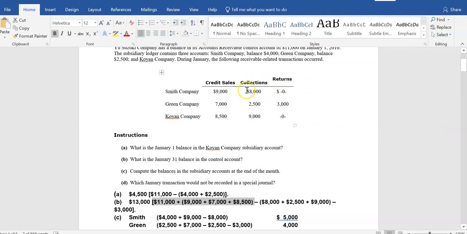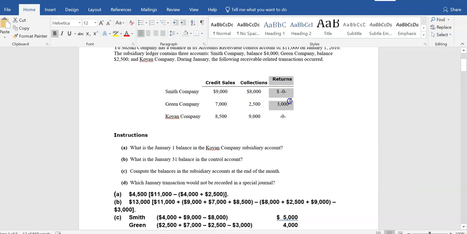Then, as customers paid us, we had collections, we would have decreased accounts receivable by the amount of the cash collections. So we increased accounts receivable by credit sales, we decreased it by collections, and we also would have decreased it by the amount of the returns.